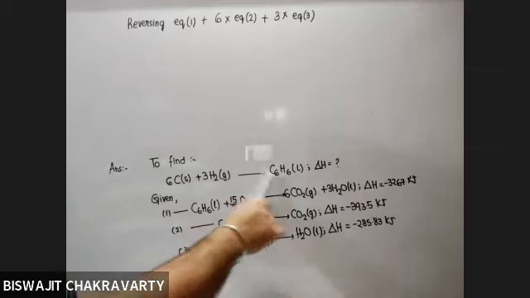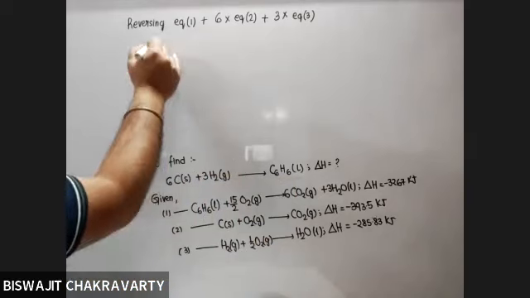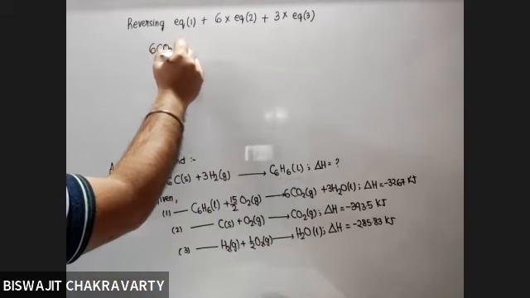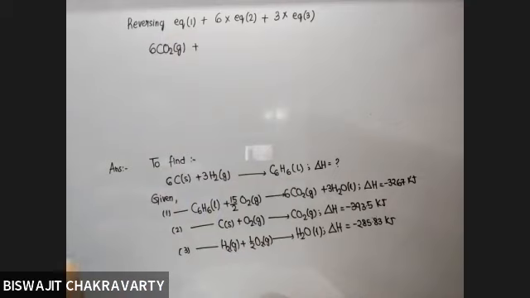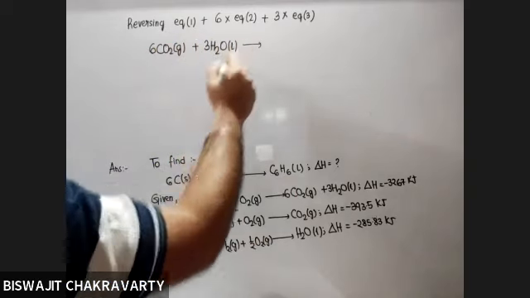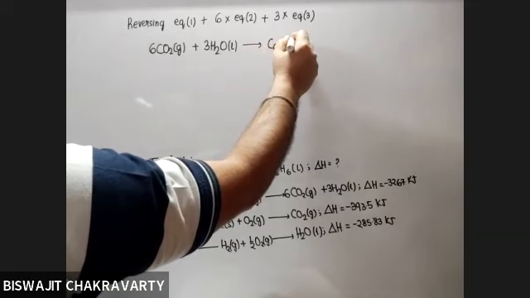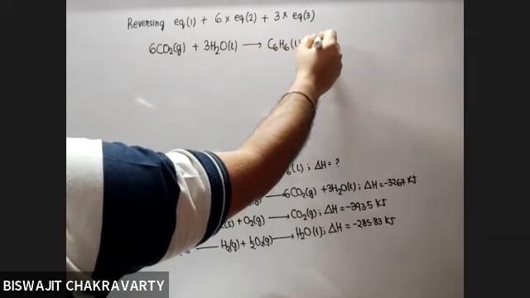So as there are 3 components, I have to make changes in these equations whose values are given accordingly. This was 1 mole, fine, but on the right hand side, so I need to reverse equation 1. So when I reverse equation 1, the equation will become 6 carbon dioxide gas plus 3 H2O liquid gives C6H6 liquid plus 15 by 2 O2.